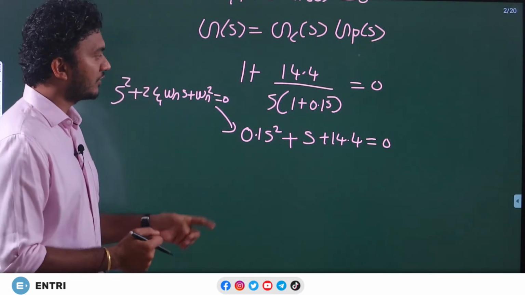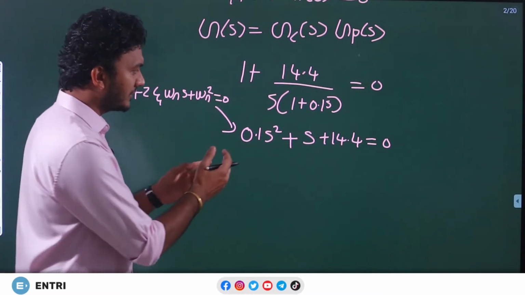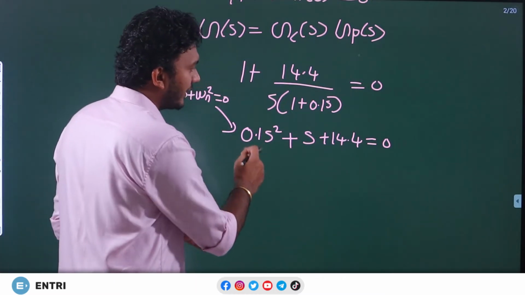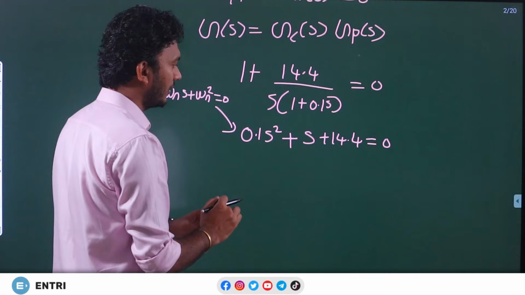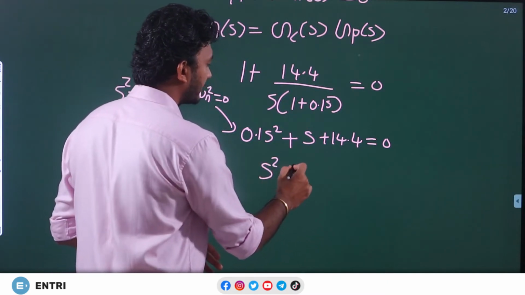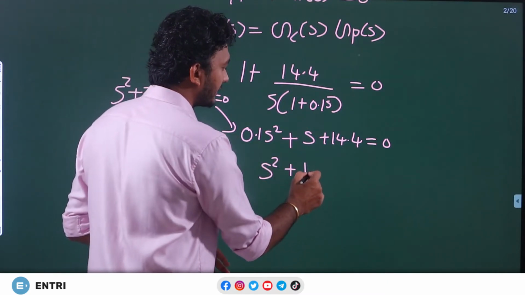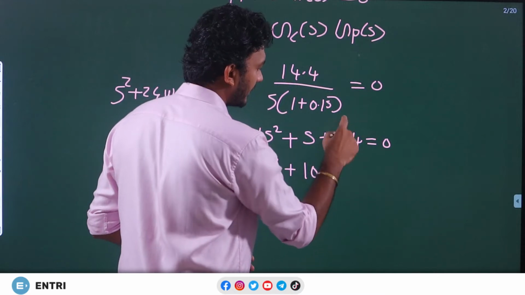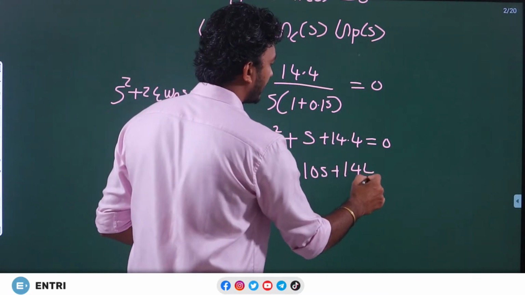So, this is not standard form, divide each term with 0.1. So, we have s square plus 1 by 0.1 is 10, so 10s plus 144 equal to 0.